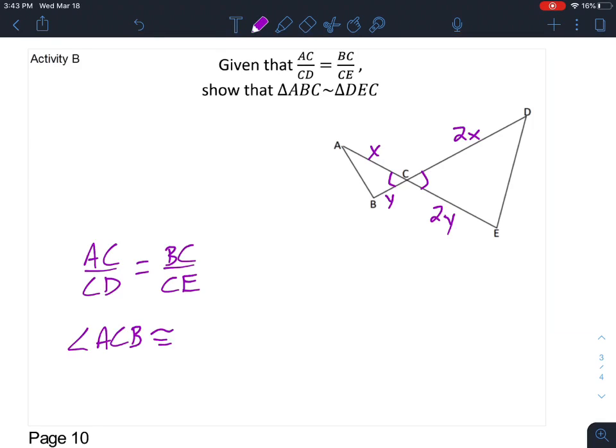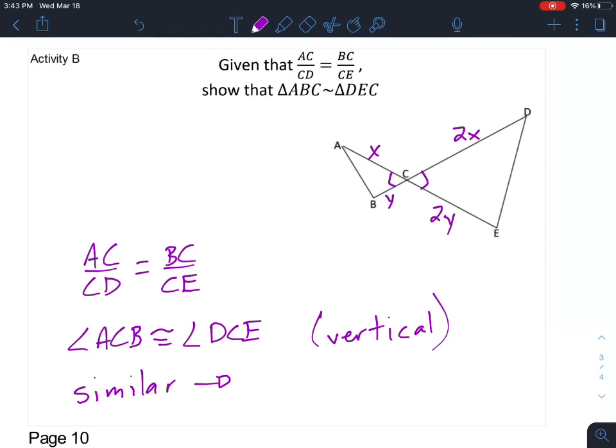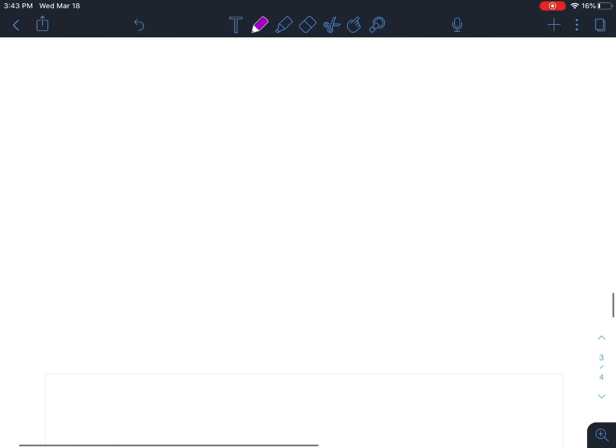We also know that angle ACB is going to be congruent to DCE. And we know that that's because they were vertical angles. And lastly, we can see that these two triangles were going to be similar because of side, angle, side.